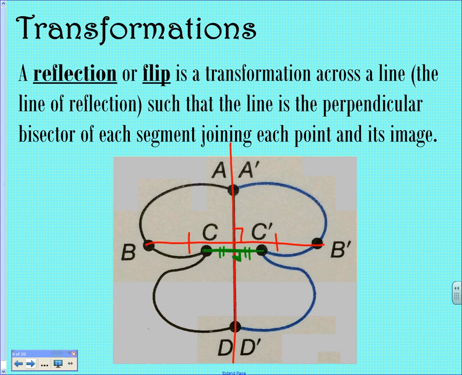Think about in the mirror. When you look at a normal mirror, is your face the exact same or is it changed? It's the exact same, right? A normal mirror, it's going to be the exact same. So when it's reflected, it's the exact same thing. Okay? Any questions on reflection?